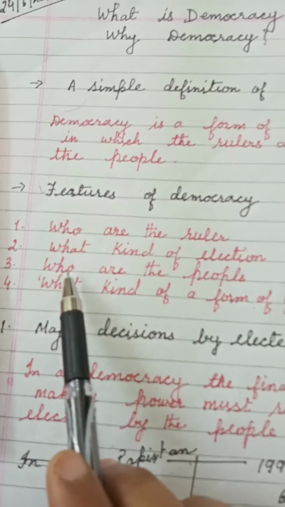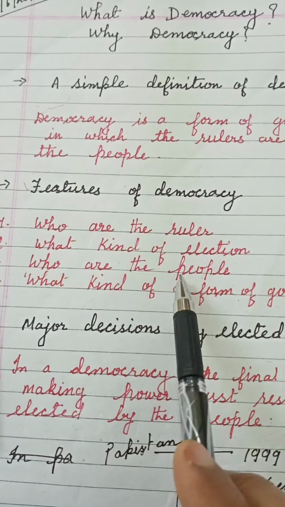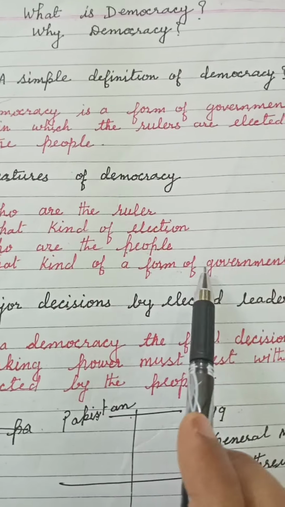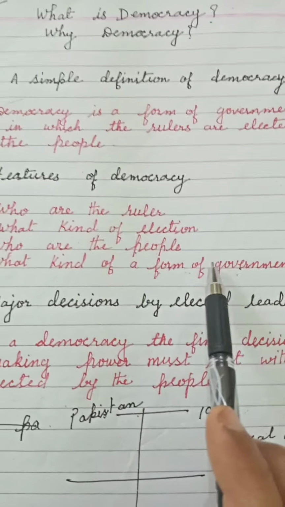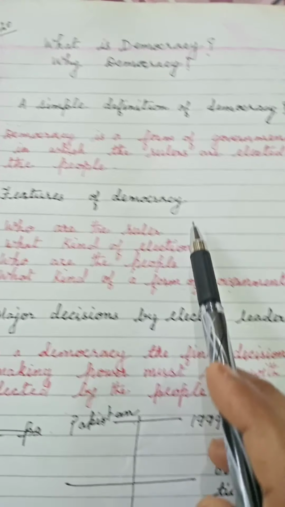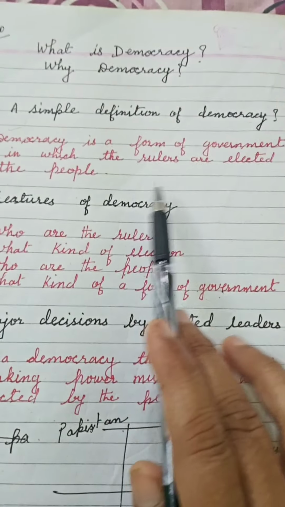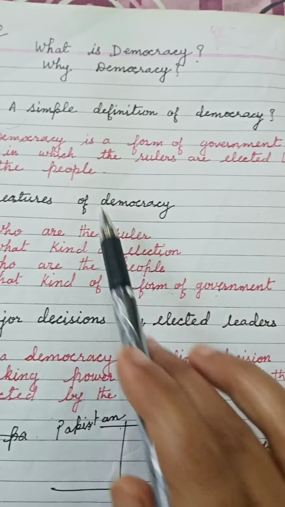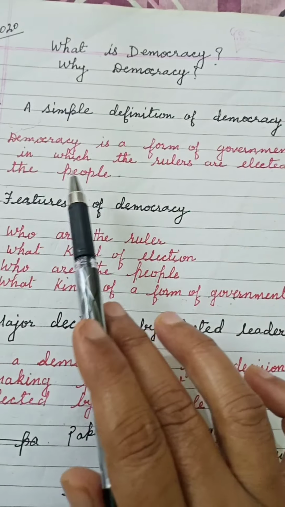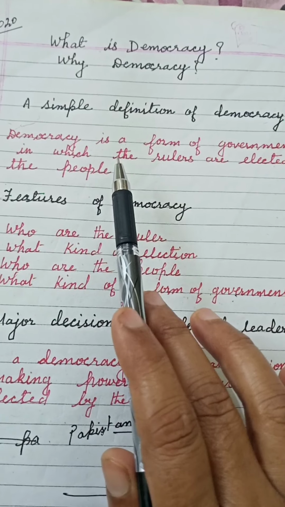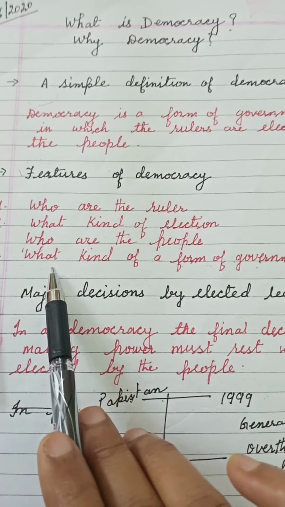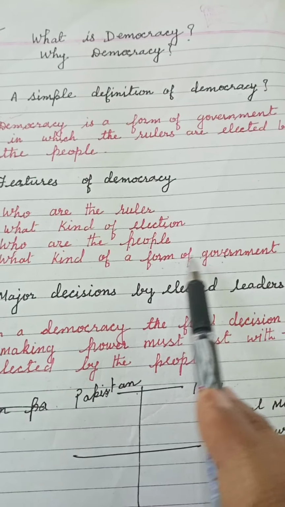Then third feature of democracy, who are the people? Then what kind of form of government? In the definition we studied in our previous classes, democracy is a form of government. Here they raise the question, what kind of form of government?